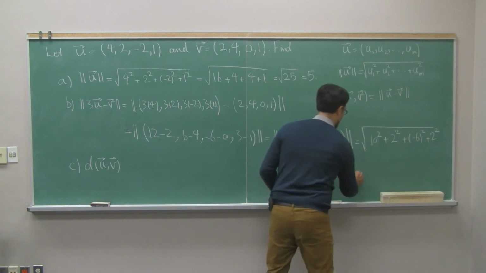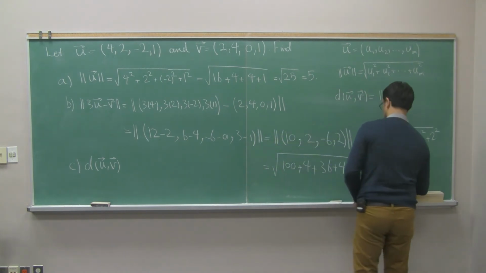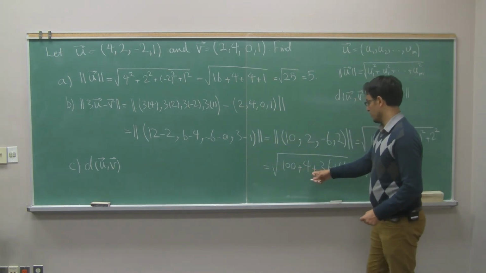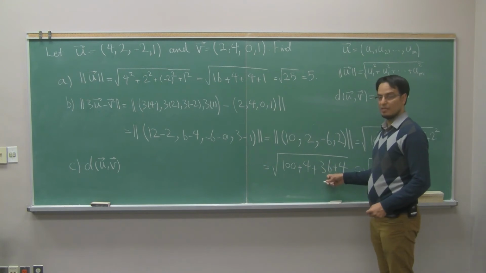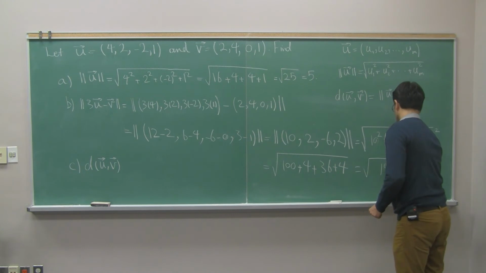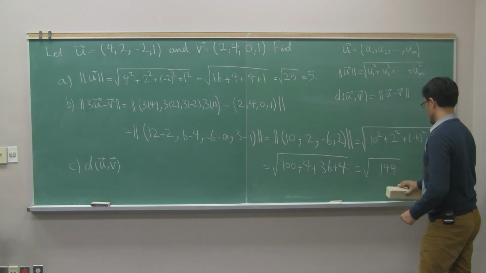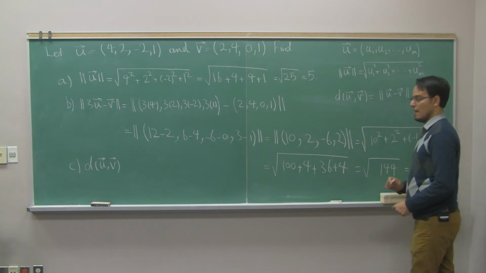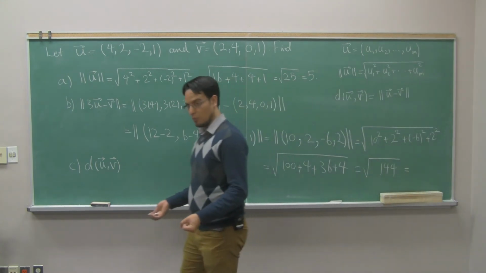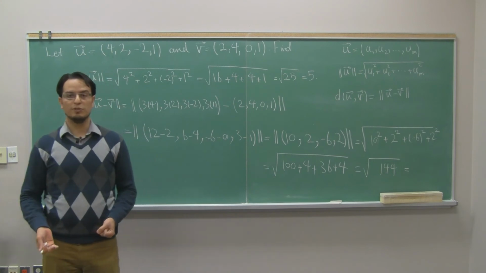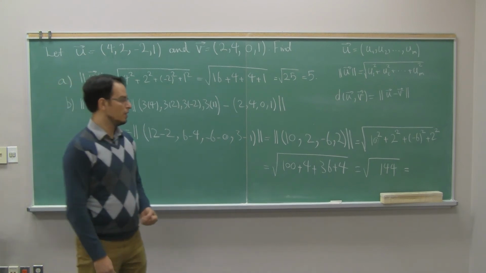And what I have here is 100 plus 4 plus 36 is 140 plus 4, 144. And what is the square root of 144?